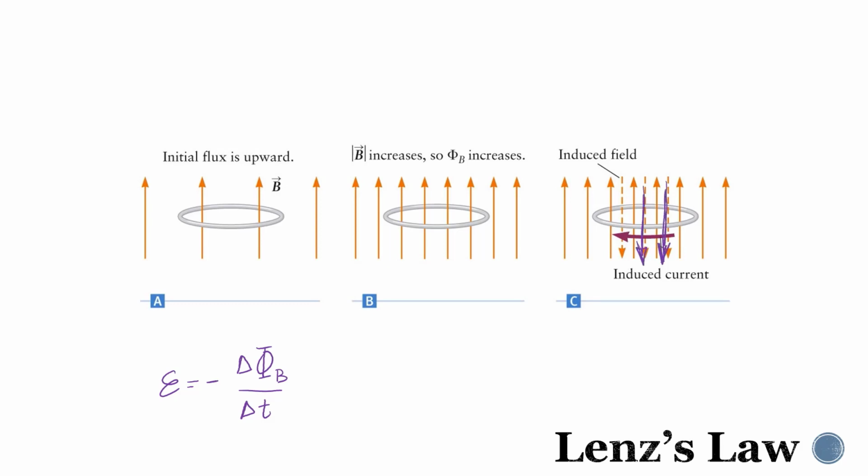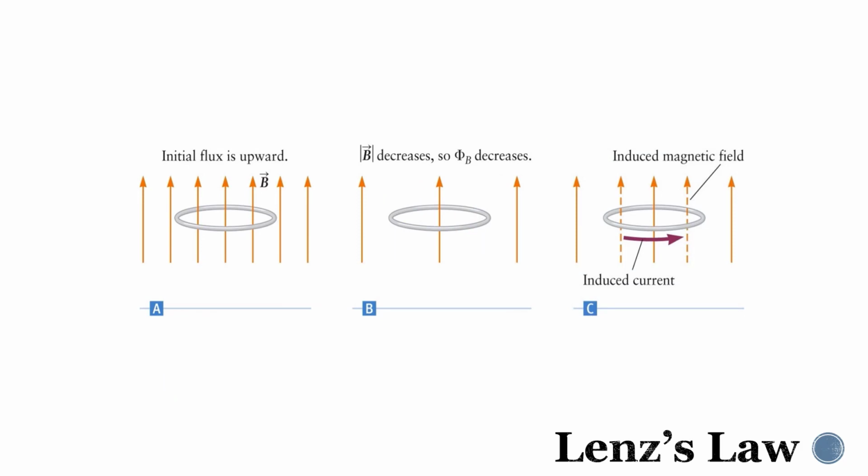So the current is going to direct a downwardly directed field, and so if we use the right-hand rule, we put our fingers in the direction of the field. So in the center of the loop, our fingers go down, and as we try to grab the loop, our thumb then is pointing so the induced current comes around the loop like this, and that will induce a current that opposes the change in flux.